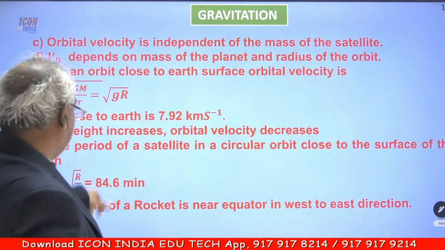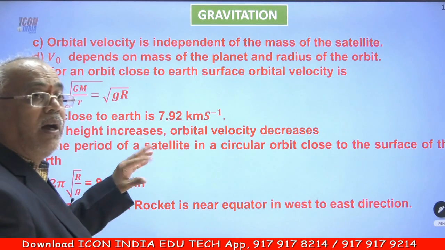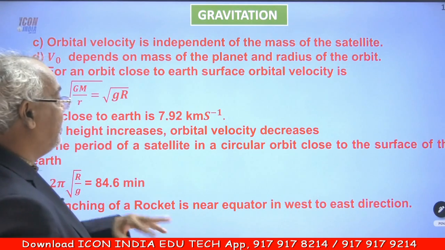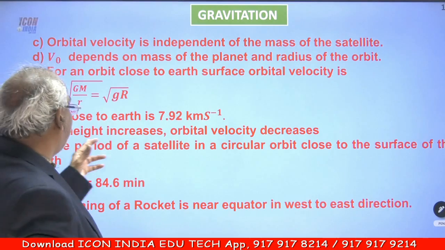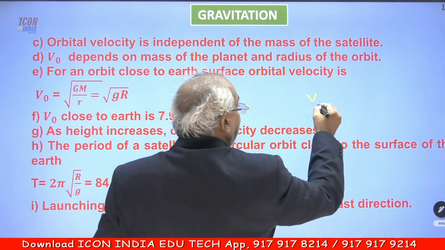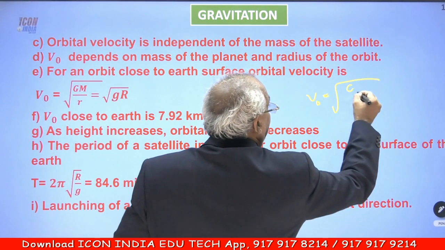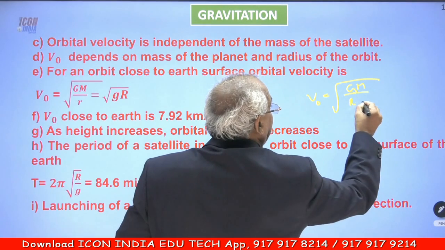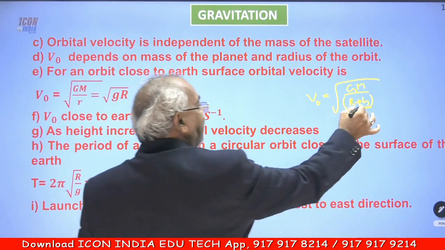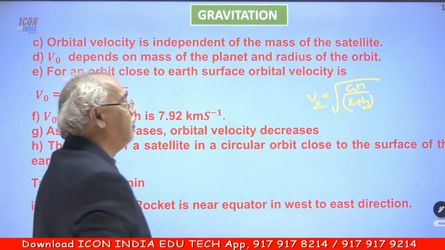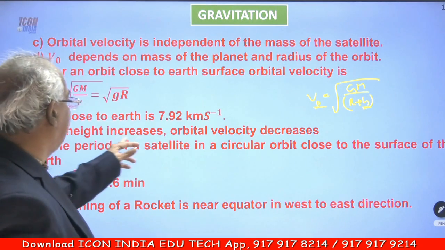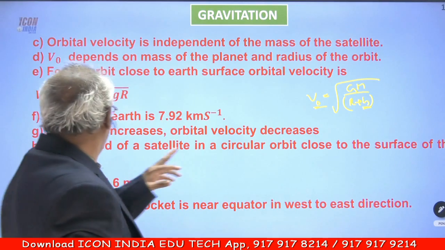Because in the denominator R plus H is there, capital R plus H. That is why the orbital velocity decreases. That is V naught is equal to root GM by R plus H. As this H increases, this V naught value decreases.